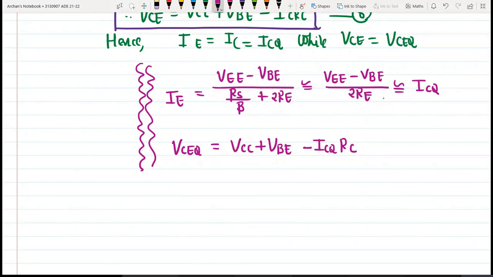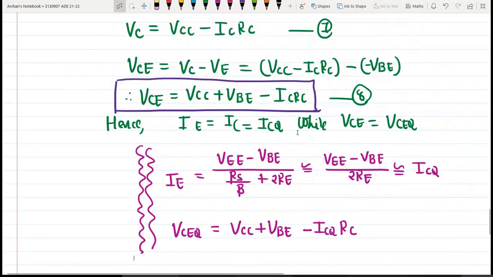So DC analysis and expressions for ICQ and VCEQ remain the same for all the differential amplifier circuit configurations. Okay, if we talk about all the 4 configurations, then the equations for ICQ and VCEQ will remain the same. Okay, this is what we are getting with the help of DC analysis of differential amplifier.